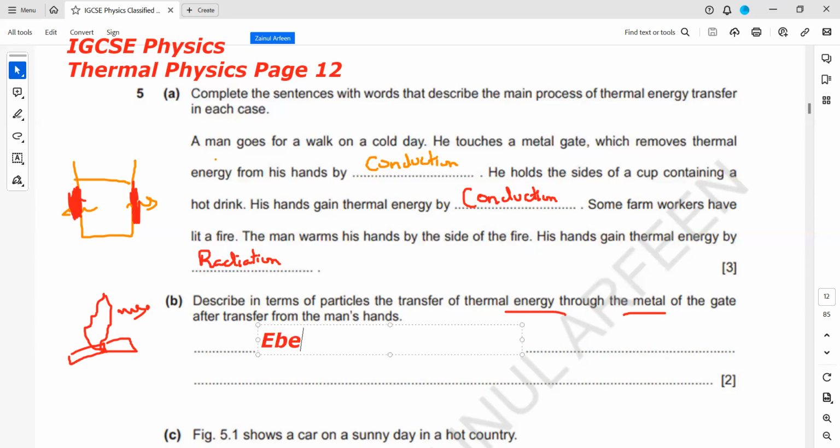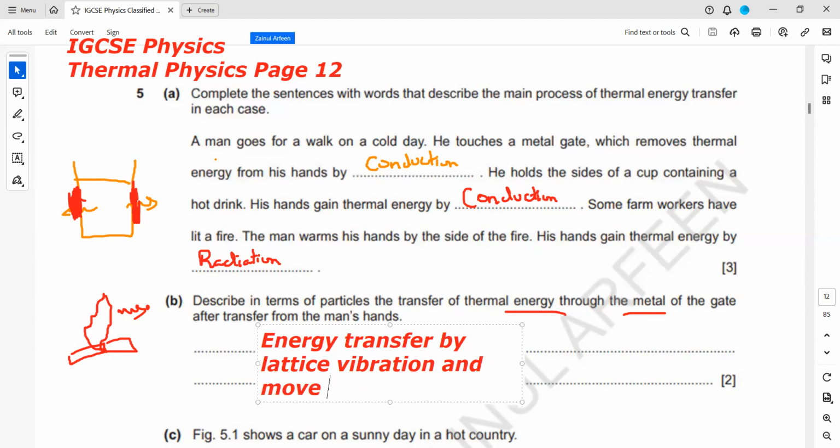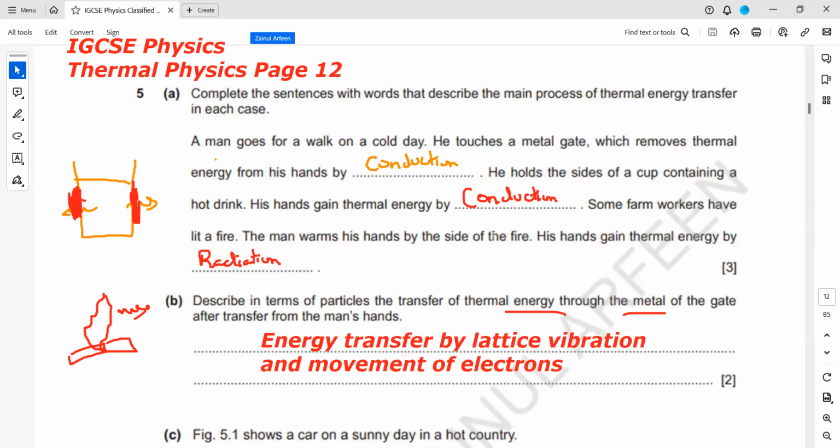The energy transfers by lattice vibration and movement of delocalized electrons. That's how the energy is being transferred from the man's hand to the metal gate.